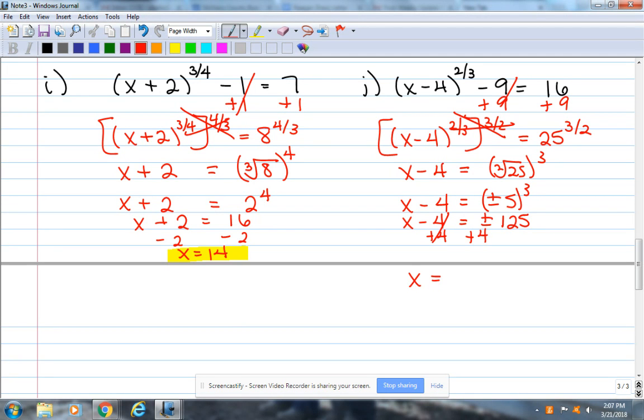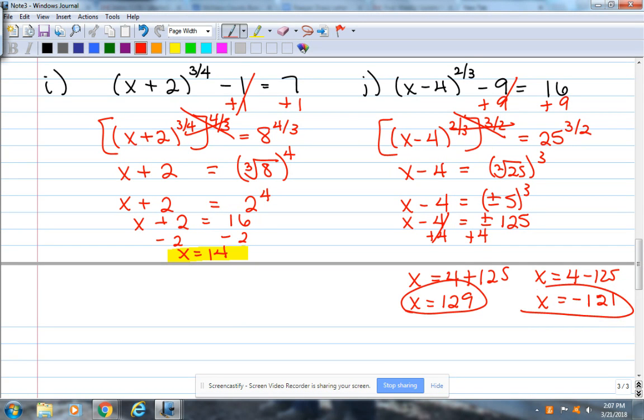So you could write it 4 plus 125, and you need to write it 4 minus 125, because that's what that plus and minus does right there. Does that make sense to everybody? So 4 plus 125 is 129. And 4 minus 125 is negative 121. So you got 2 answers.